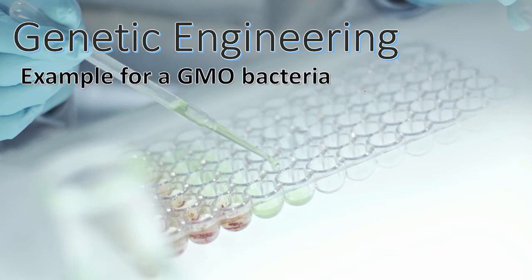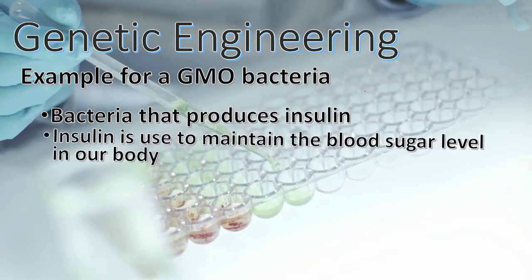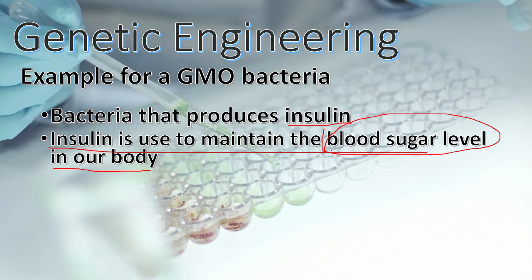Example of a GMO bacteria: bacteria that produce insulin and, as I mentioned earlier, can be used for making vaccines for COVID-19. Insulin is a hormone produced in our body to maintain a standard sugar level. Otherwise, if it's too high or low, we're going to have health problems.